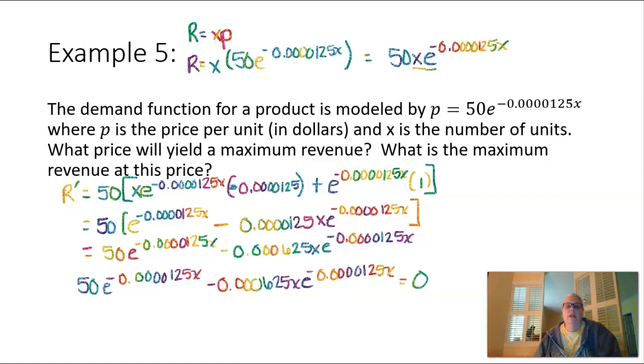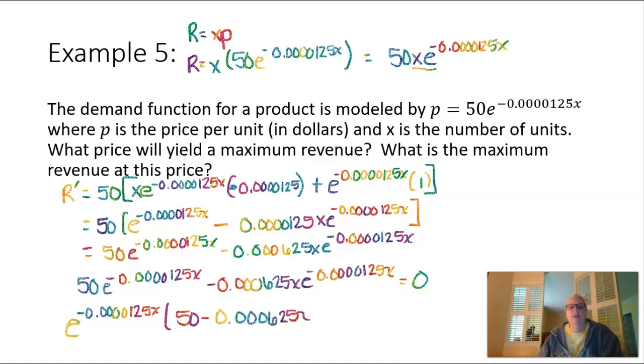Okay, let's see, we can factor out the e to the negative 0.0000125x, and we'll have 50 minus this one right here.